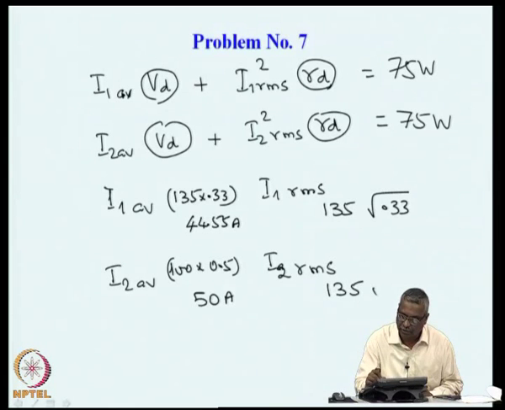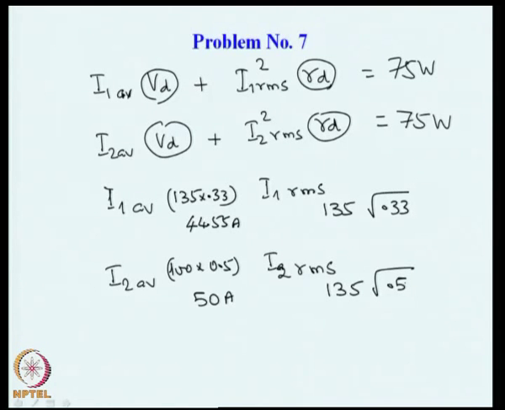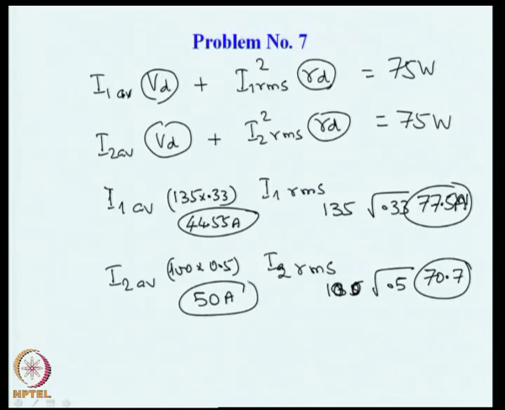The I1 RMS is 77.5 amperes, and I2 RMS is 100 into root of 0.5, so that is 70.7 amperes. So, all these currents, average and RMS, are known to us.